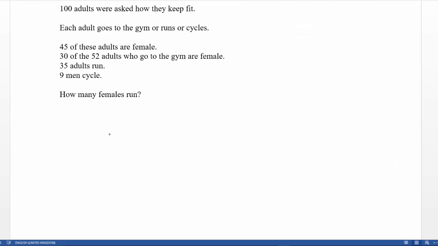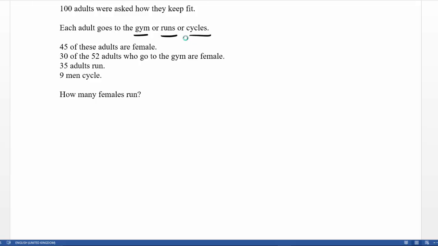Okay, here's our next question. It says here 100 adults were asked how they keep fit. Each adult goes to the gym or runs or cycles. So we have 3 options here: gym, run, cycle.